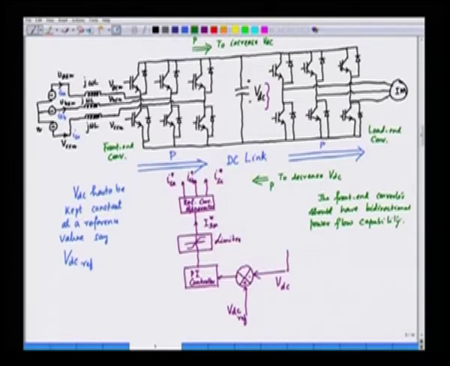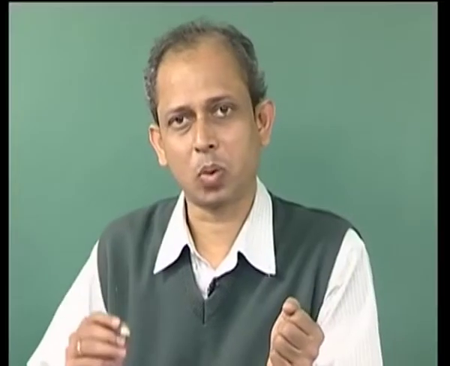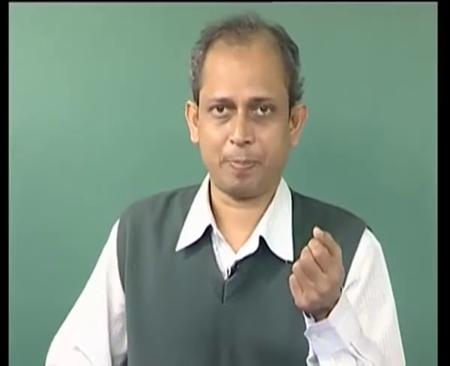Now, if we see, the front end converter delivers two types of power. One power is fed to the motor, and the second power supplies the loss of the capacitor and the overall system. So, if we want to increase the capacitor voltage, the front end converter has to supply the demand of the induction motor plus extra power to charge up the capacitor.